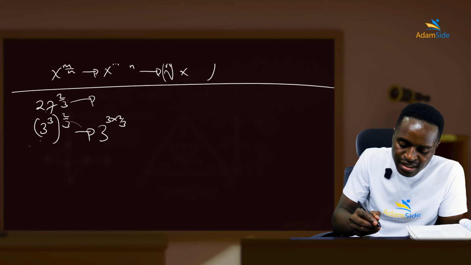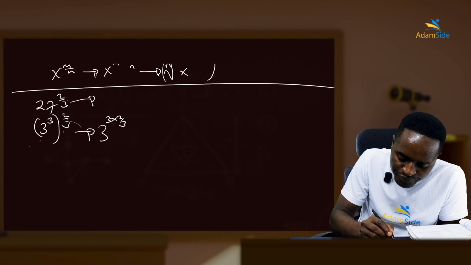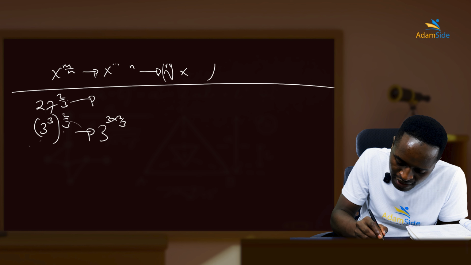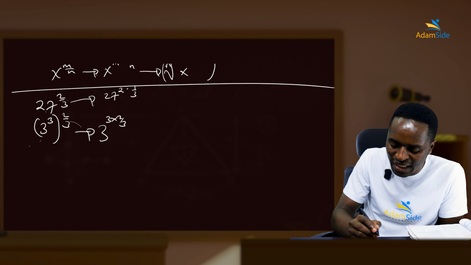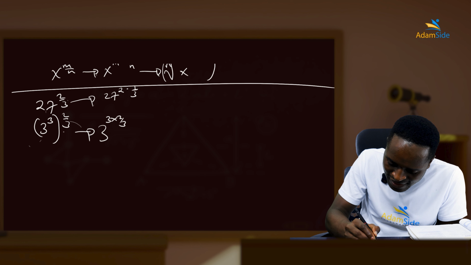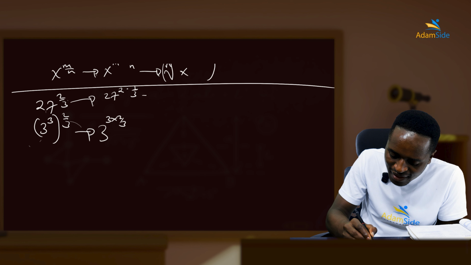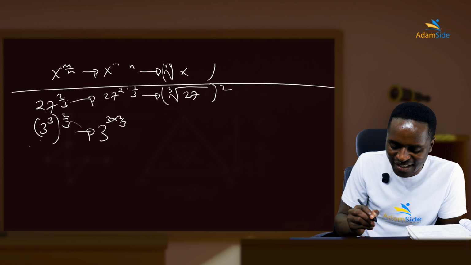This is the same as 27 power 2 times 1/3. The n is 3, therefore it becomes the cube root of 27, then everything squared.